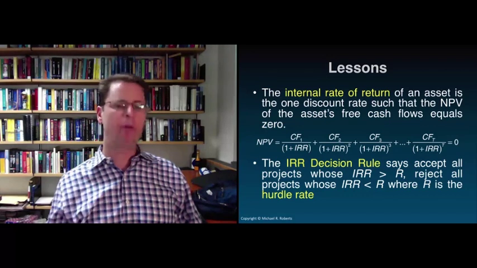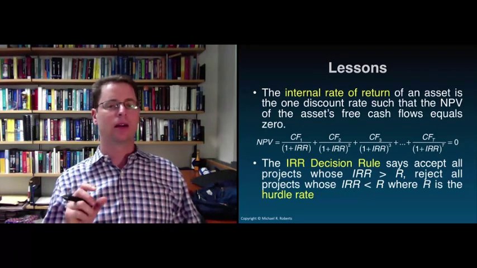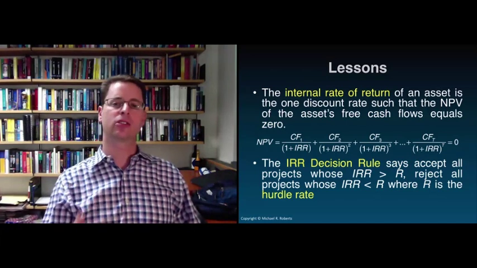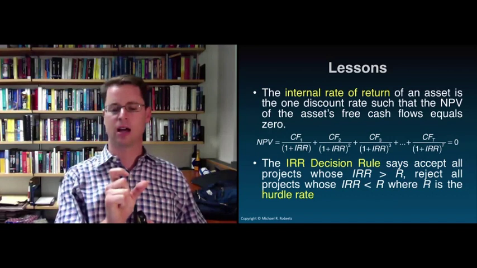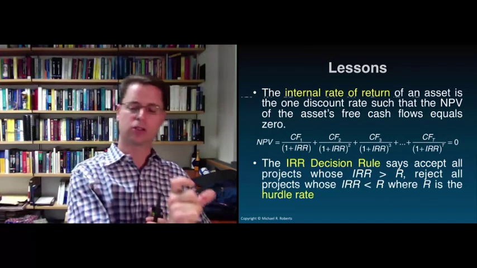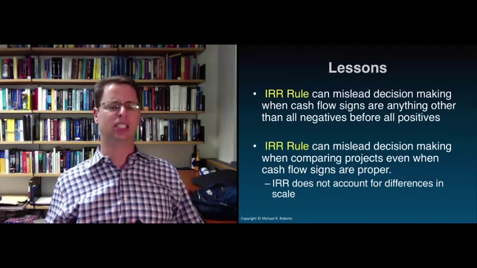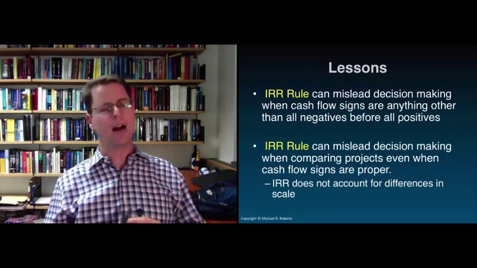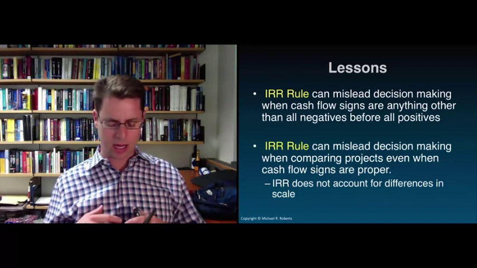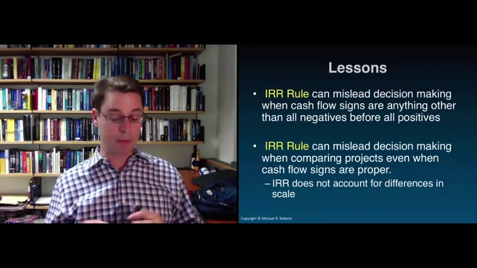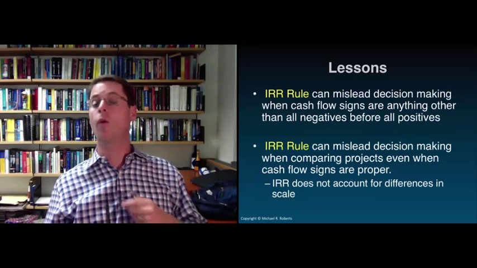The problem with the IRR decision rule is that it only works or overlaps with NPV in certain situations, when we're not comparing projects and when the cash flow signs are all negative cash flows preceding all positive cash flows. So I think the end message here is to use IRR in your project evaluation, your investment analysis, your capital budgeting. But be cognizant of the limitations. Know when to use it, know when not to use it.